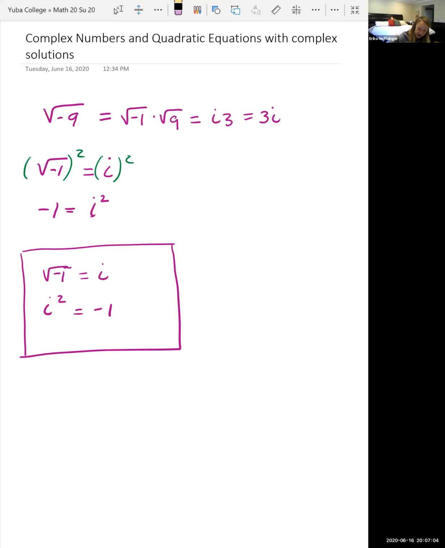And so complex numbers are written in the form a plus bi. And we say that a is equal to the real part of that number, and b is equal to the imaginary part.